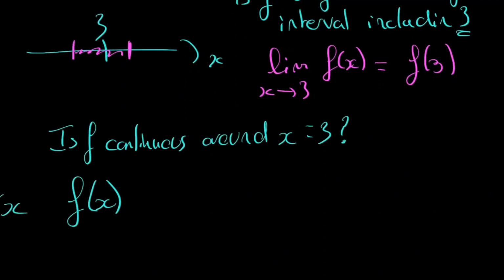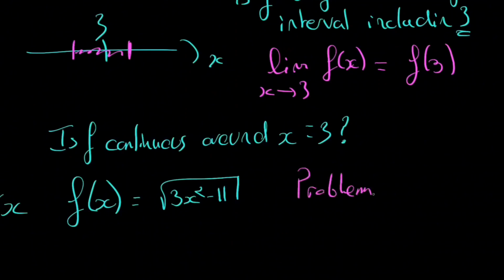For x, f of x is equal to square root of 3x squared minus 11. When have we got a problem? Okay, so around 3 we've got 3x squared minus 11.